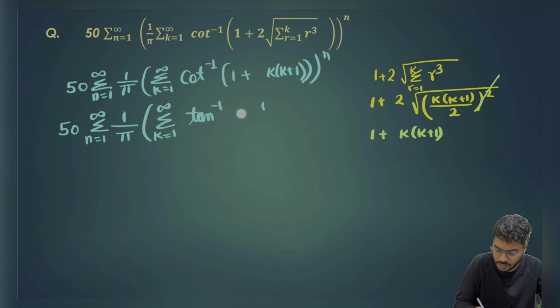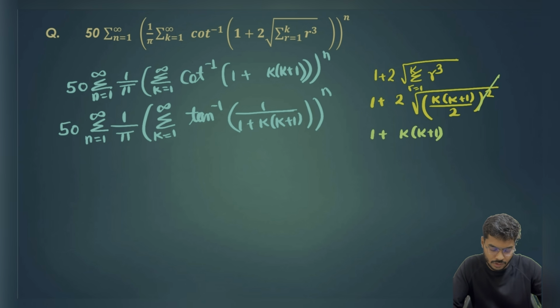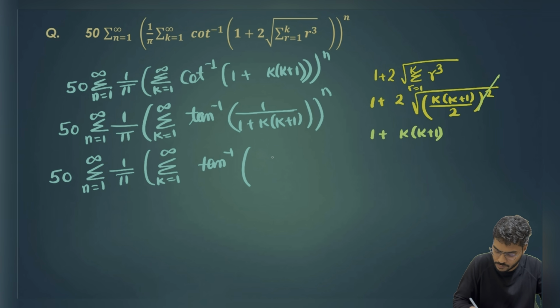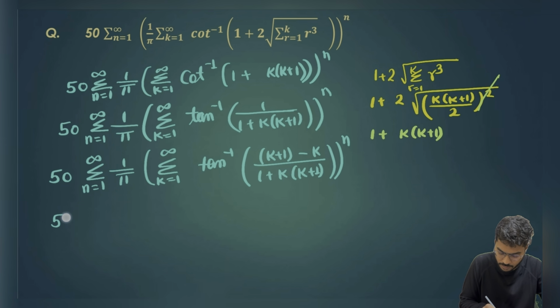Tan inverse, its reciprocal, 1 upon k plus 1. Don't you think it became the previous question where we solved? So can I write this as n equal to 1 to infinity 1 upon pi, summation k equal to 1 to infinity tan inverse of ((k plus 1) minus k) upon (1 plus k into (k plus 1))? I just have to create the difference method to solve this particular problem.